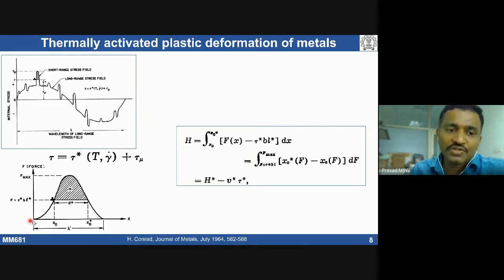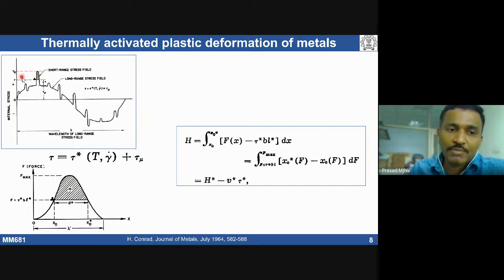If I take only that one, assume that I have applied a stress externally beyond tau mu, but less than the total tau required. The total tau is basically tau mu plus tau star.